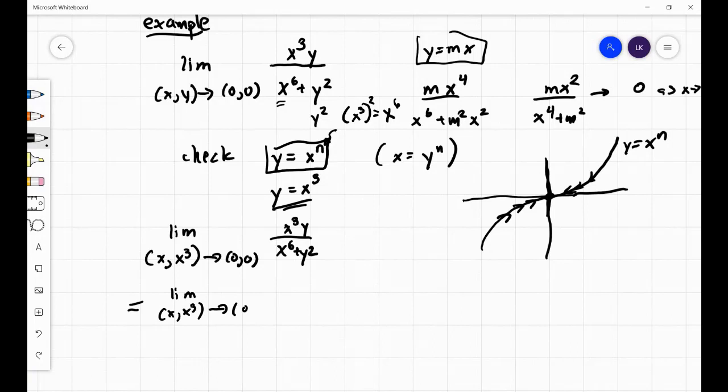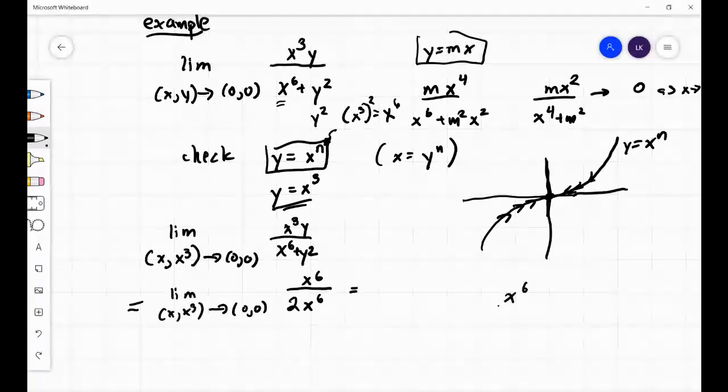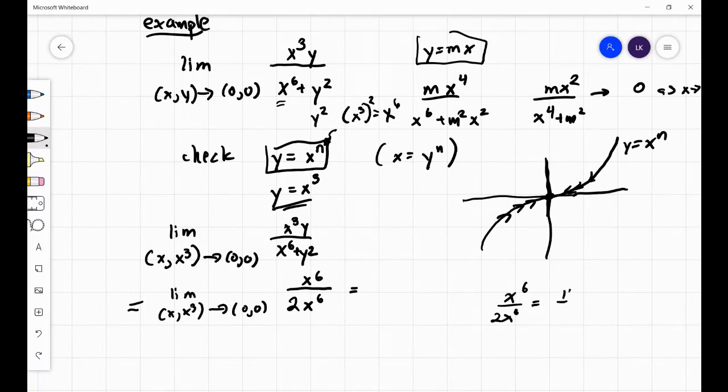All right, so our expression then reduces to x to the power 6 in the numerator, because I replaced y with x cubed, and then 2 times x to the power 6. And of course, this reduces to the constant of 1/2. So the limit would be 1/2 along that curve.